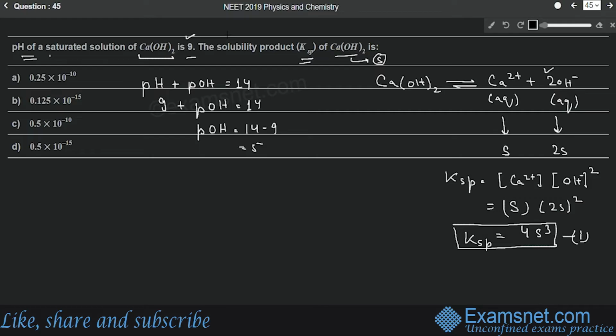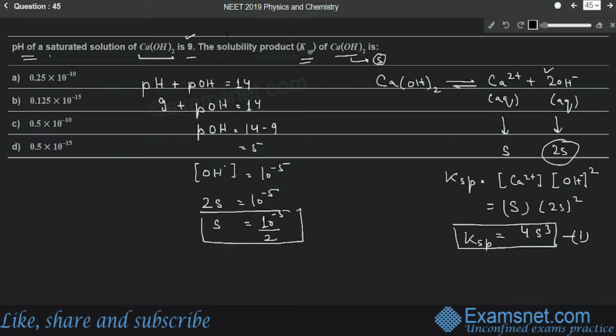So pOH is 5, then what will be the concentration of OH minus ion? It will be 10 to the power minus 5. Okay. And we know that the concentration of OH minus ion is 2S from this reaction. So that means 2S is equal to 10 to the power minus 5. So what will be the value of S? It will be equal to 10 to the power minus 5 divided by 2.